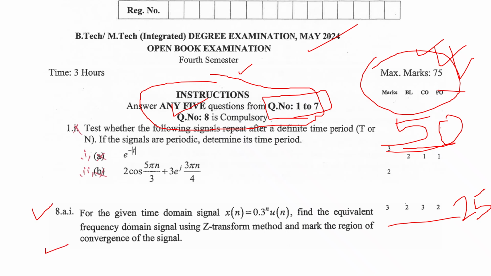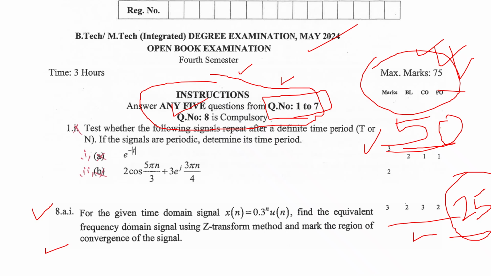You can solve any one of them and score the 25 marks. So a total of 50 marks for part A, questions 1 to 7, and part B, question number 8, which carries 25 marks. In total you will get 75 marks.